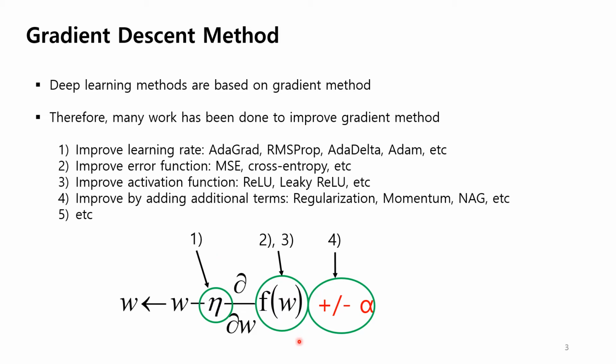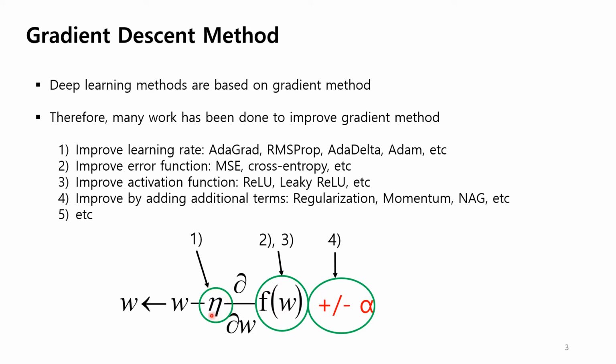So this is the basic form, and people try to improve this basic form in many different directions. The first direction is some people try to improve this learning rate part. Learning rate is constant, so you're going to replace this learning rate constant by some functions.